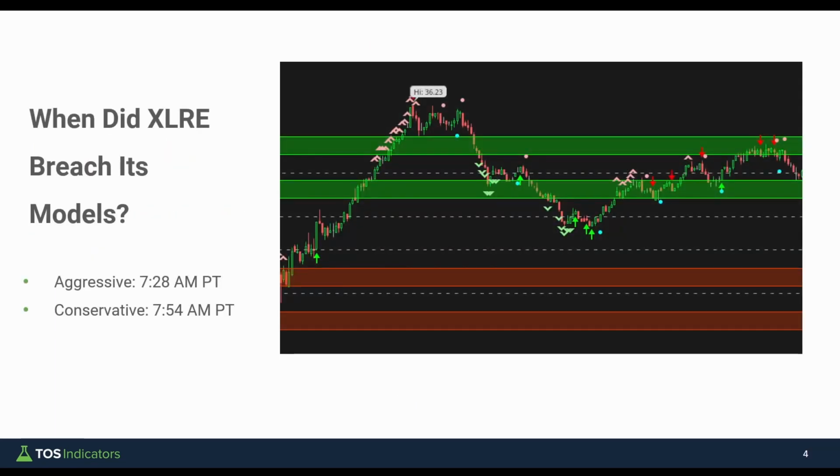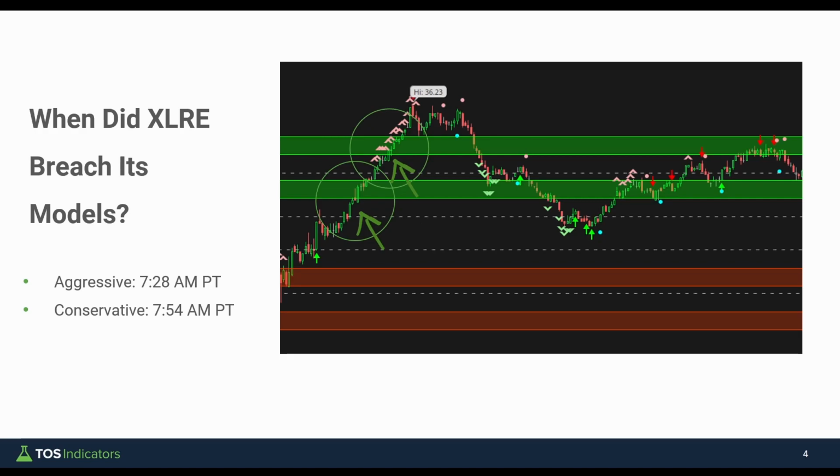Now, if we start by first taking a look at the sector, here's what the charts of XLRE looked like. XLRE first breached its aggressive volatility box models at 7:28 a.m. Pacific. That's this first green candle right here, when price action first breached its aggressive models. It appears on our scanner. Shortly after that, we breached the conservative volatility box models, which are the second set of clouds.